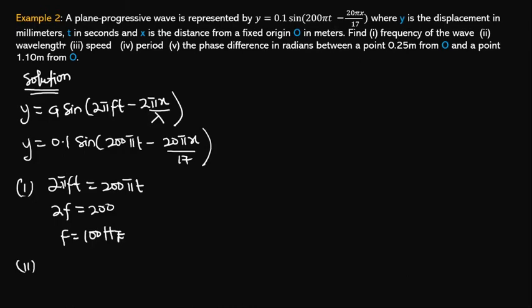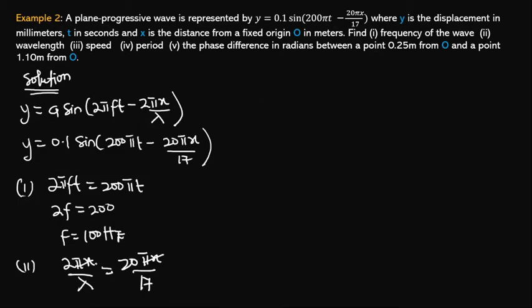So let's look at part II. We are to calculate the wavelength. We can see wavelength over here, so we can compare these two. We have 2 pi x on lambda should be equal to 20 pi x on 17. So the pi x can cancel each other out.